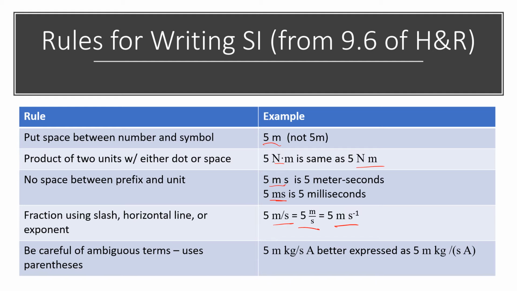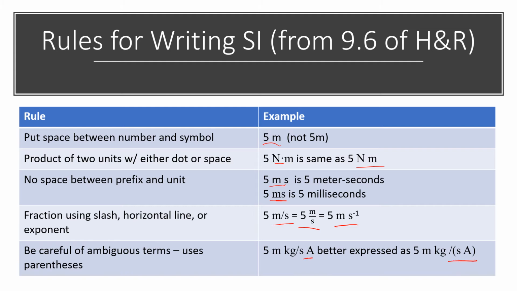And the last thing to be aware of, be careful of ambiguous terms like mkg/SA, because you don't really know where this A goes. Is the A part of the same line with the M, or is the A underneath this fraction under the kg? If you want the A to be underneath, then put it underneath like that.